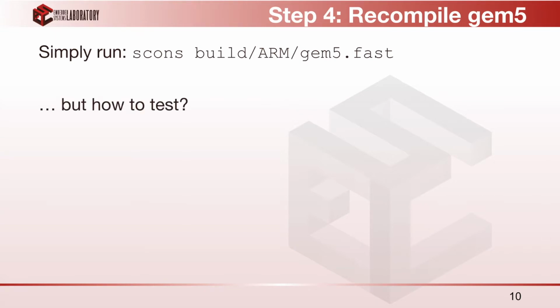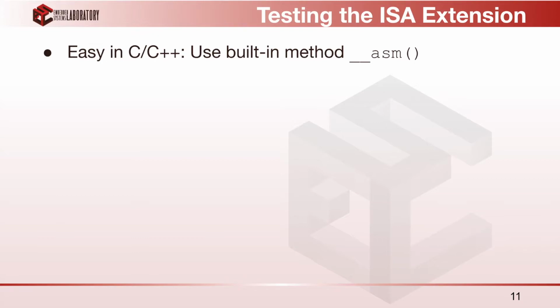So you may be asking yourself at this point, I have this custom instruction now, but how do I test and use it? How do I know that I actually did everything correctly? Thankfully, this process is relatively easy as well. To test our new custom instruction, all you will need to do is use some inline assembly. In C/C++, this is easy because you can just use the built-in asm method.